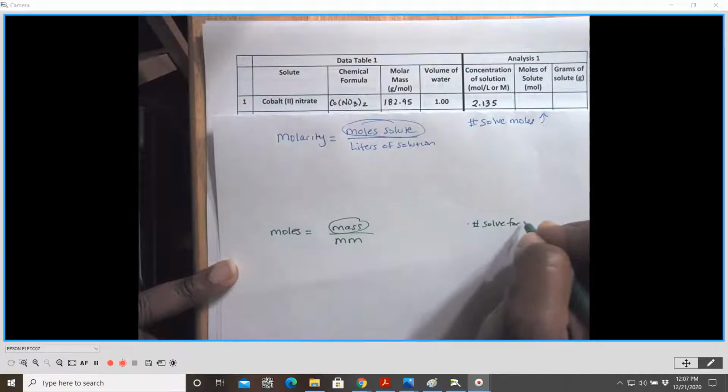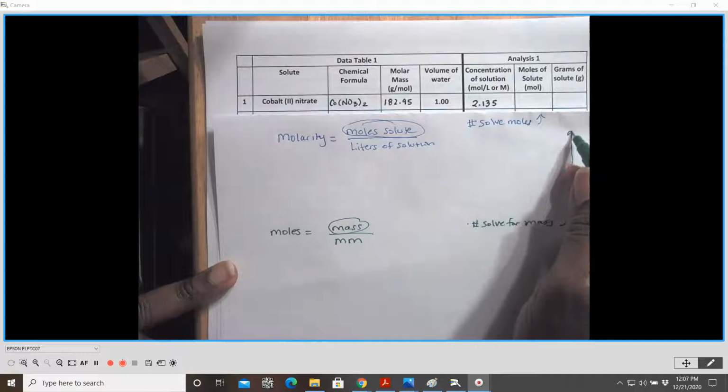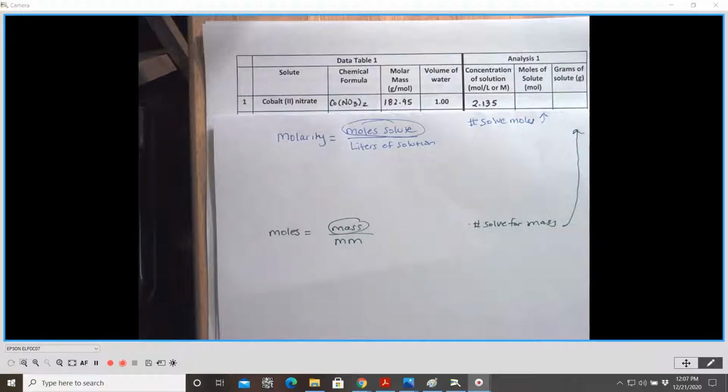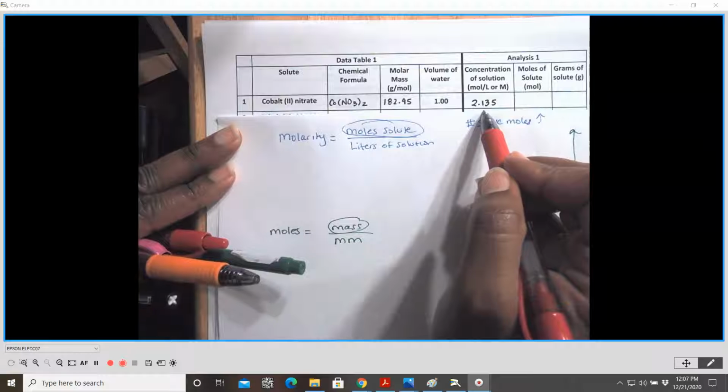And remember, the unit for mass here is grams, so that's why it says grams of solute. You could also just say mass of solute. Okay, so that's what we're going to do. Let's go ahead and work through these problems. We're going to start with solving for the moles. For the molarity, what you're going to plug in is whatever you have for your concentration.